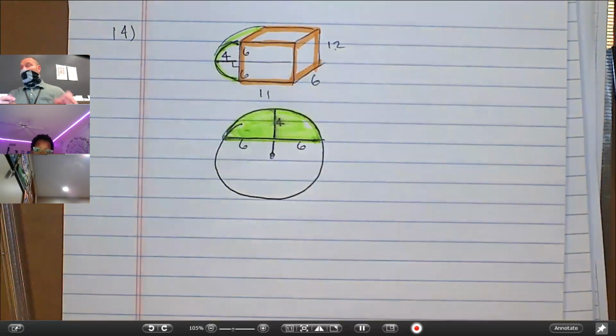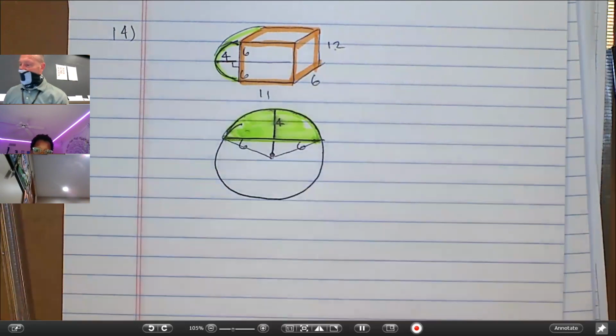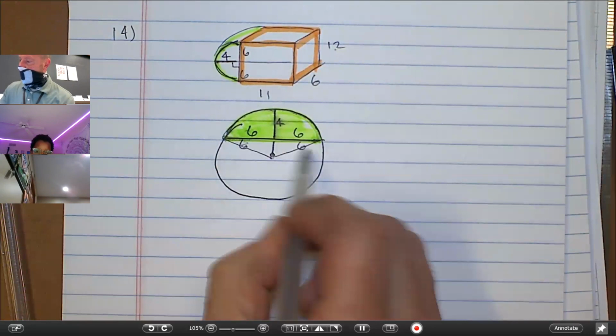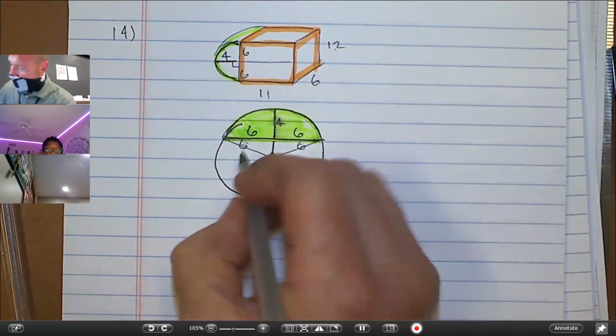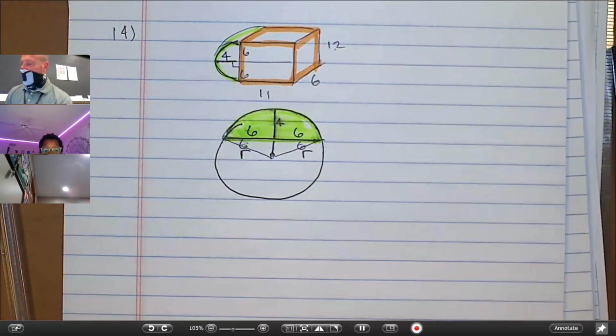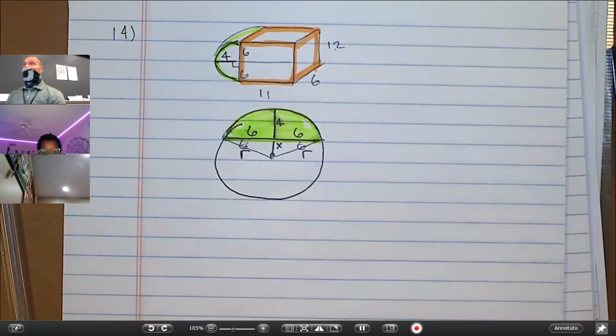To find the area of that green portion, let's put the 6s up here. You're actually going to need to know the radius here. We'll call that R. If we call this little piece here X, you know that R is equal to 4 plus X, right?